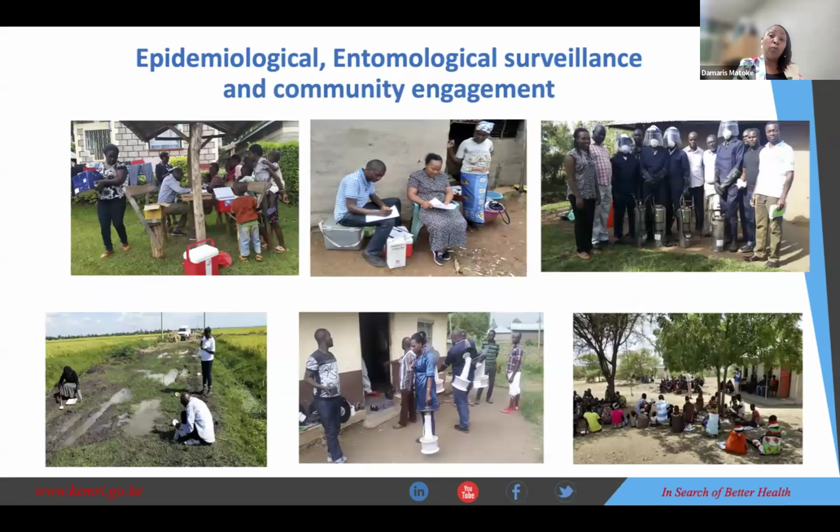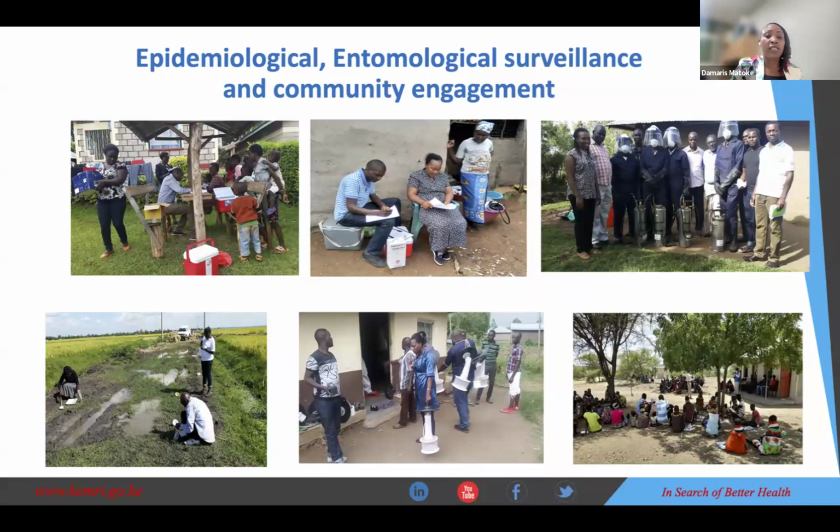As we do surveillance for Kenya, we undertake both epidemiological and entomological surveillance, and there's also a component of community engagement. I'll be speaking mostly on entomological surveillance, but we link it to what we've seen as far as cases are concerned. These images are part of the field work where we do community surveillance, screening sick patients and households with both clinical and non-clinical malaria to assess the prevalence of the disease.